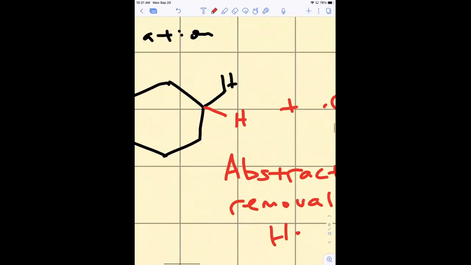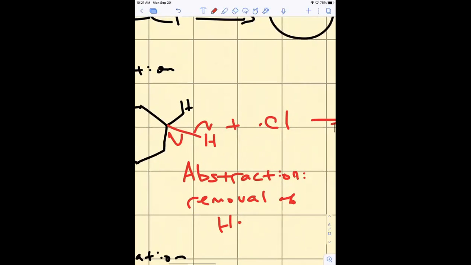So I want to break this CH bond. I'm going to extend this bond out a little bit to make it more dramatic. I want to break that and give one electron back to carbon. And then what facilitates this is the chlorine donating one electron to hydrogen, like so. Notice my arrows, all fish hooks, all single-headed, because all of this is homolytic.